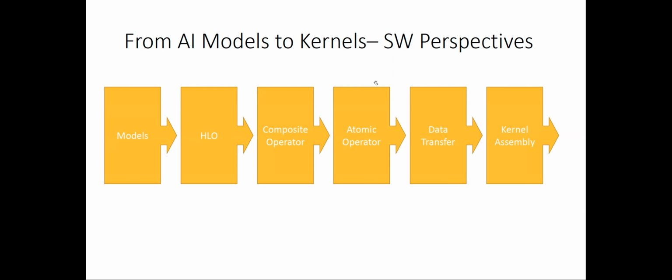So when we have these models, usually they're described in a graph manner. For example, HLO graph is the graph in TensorFlow, or in PyTorch, or JAX, we have a different description format for the graph. But after we get the graph, we got the operators, which sometimes we call composite operators or complex operators.